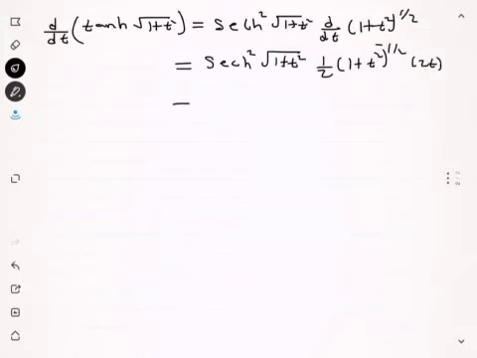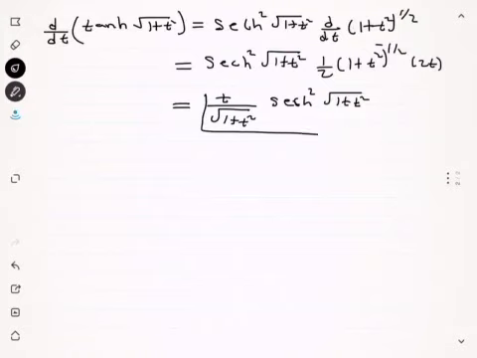And this simplifies to t over the square root of 1 plus t squared times the hyperbolic secant squared of the square root of 1 plus t squared. So that's it for this.